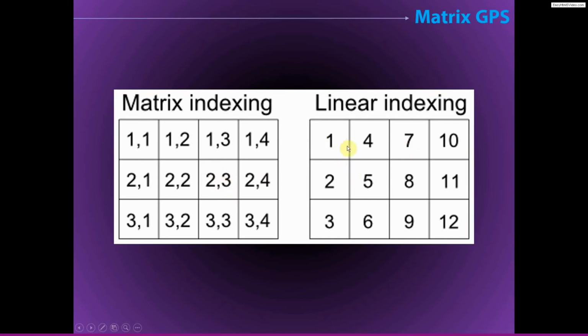The way MATLAB numbers elements in matrices is going down the column. So this is 1, 2, 3, and then this is actually element number 4 in the matrix, because it's the first element in the second column. You can see why this gets confusing: this is a 3 by 4 matrix, but you can get up to element 12.